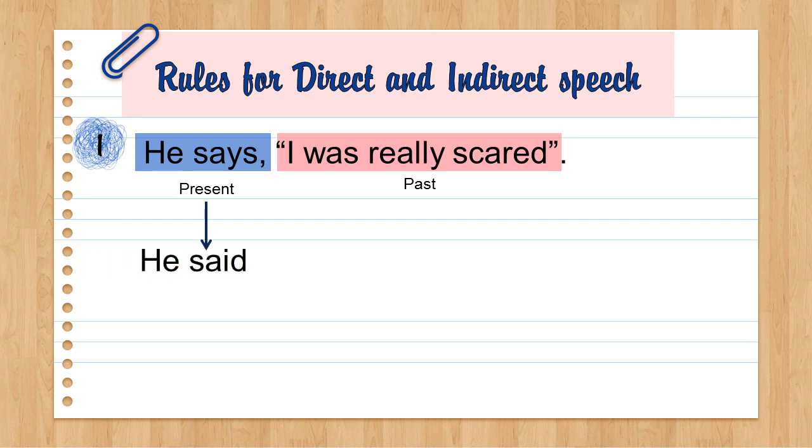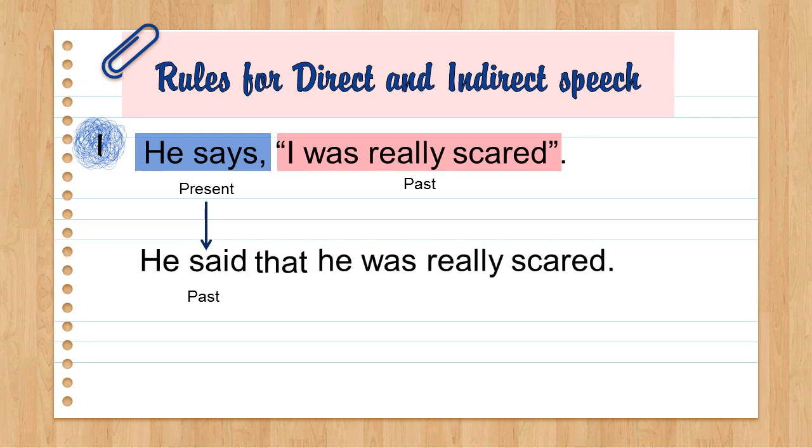He says becomes he said. That, a very important word when we are talking about indirect speech. And then we keep the last part the same: was really scared, past. So now you can see both parts of the sentence are in the past tense. He said that he was really scared.